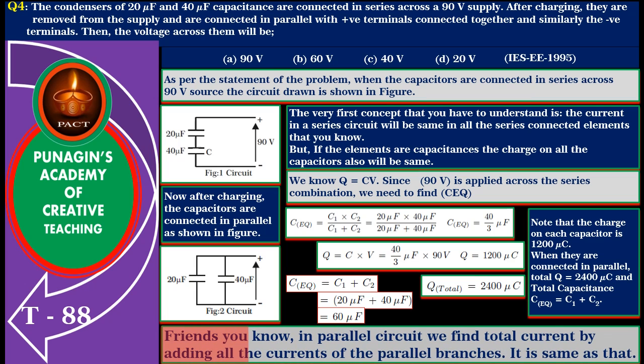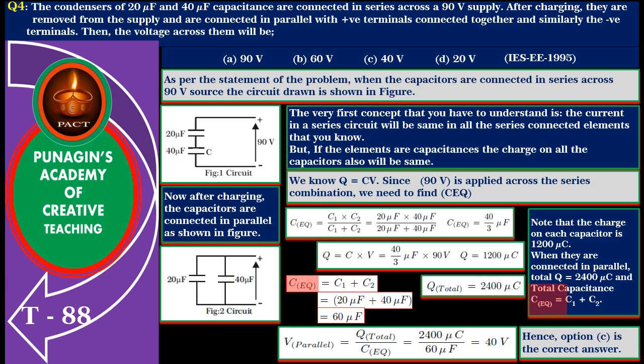Friends, you know, in a parallel circuit, we find the total current by adding all the currents of the parallel branches. It is the same as that. Now total capacitance C equivalent is equal to C1 plus C2. By substituting the values, we get C equivalent is equal to 60 microfarads.